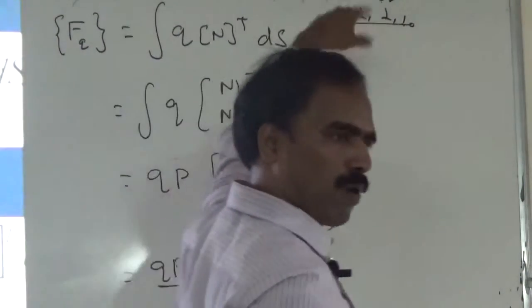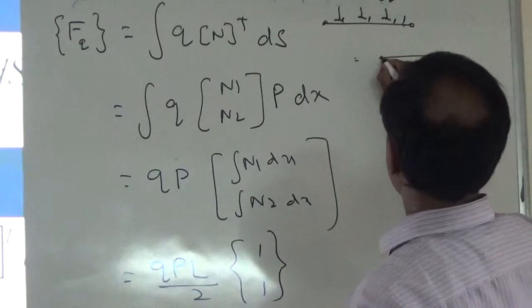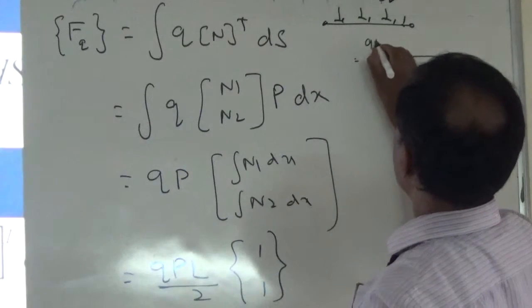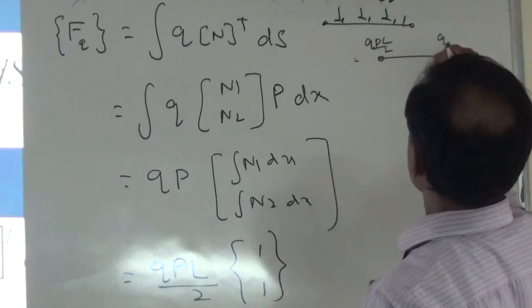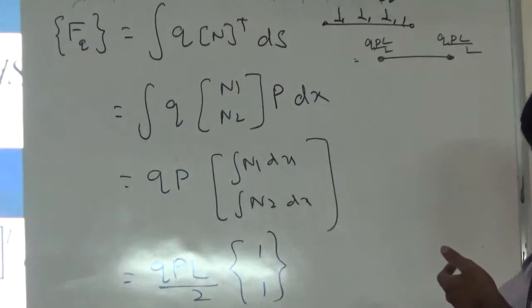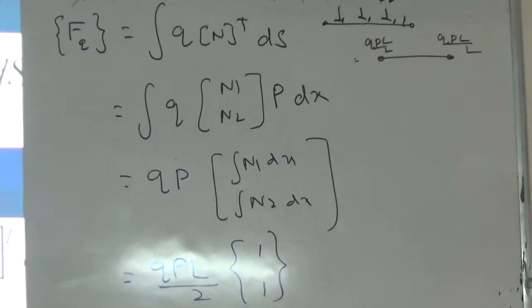For the surface load, the corresponding point load is Qp L by 2, Qp L by 2, like equivalent nodal loads. This is similar to the traction load we studied as structural traction load.